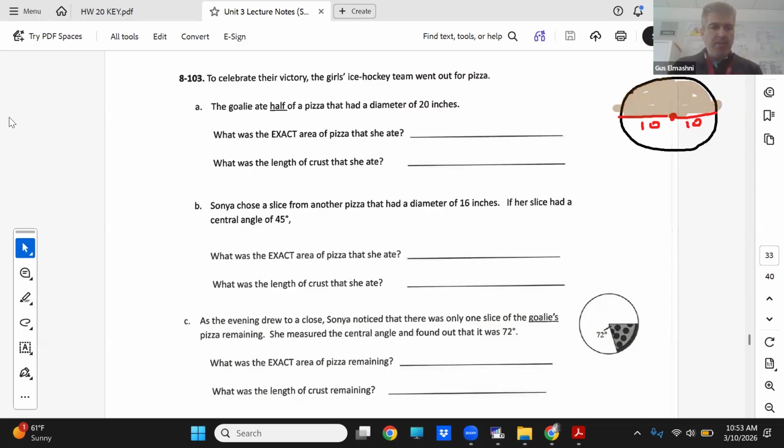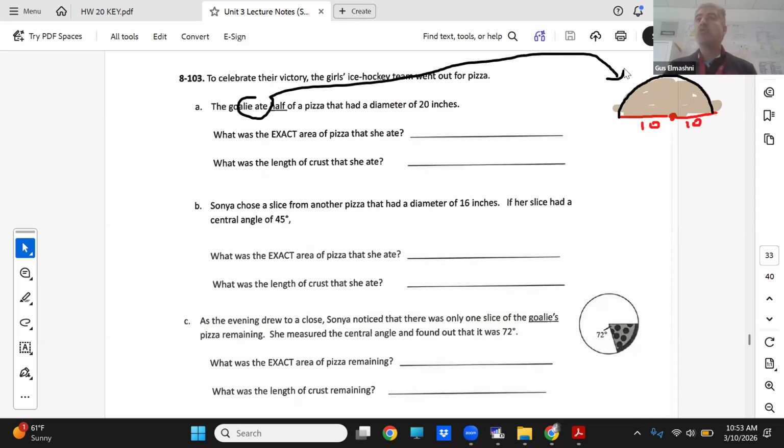Let's get an eraser here and redraw the crust for the top. That's what she ate. So here's the deal: let's find the area of what she ate, and let's find the length of the crust.